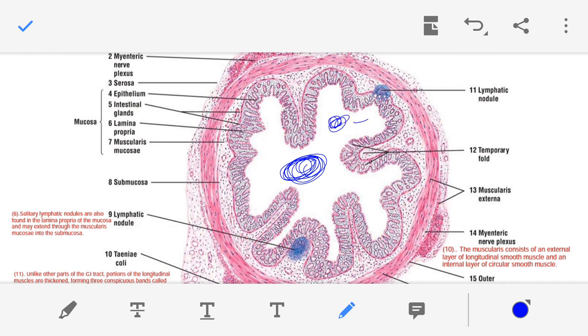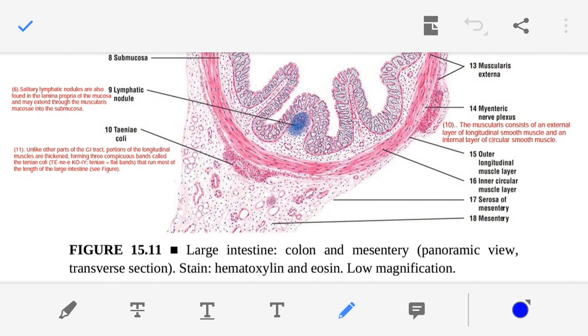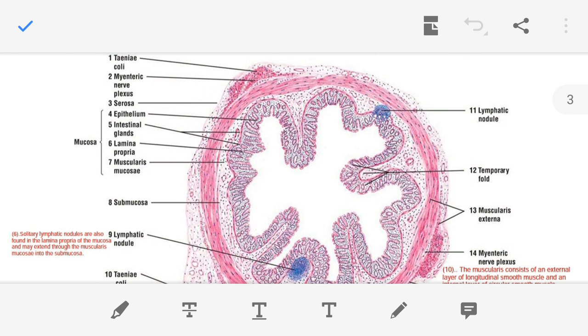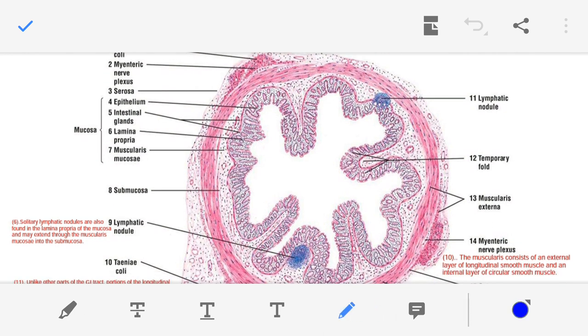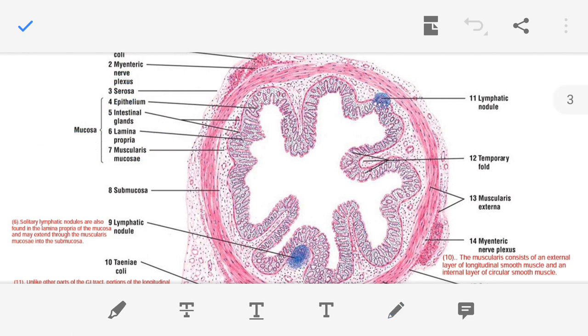You can understand, this is the way we can draw the entire large intestine. So the large intestine is like this, and here the cross section is shown to us.